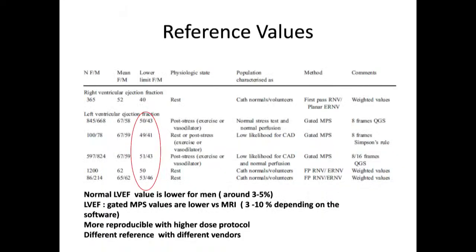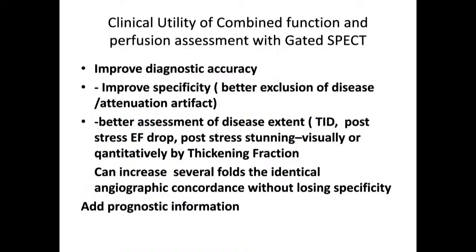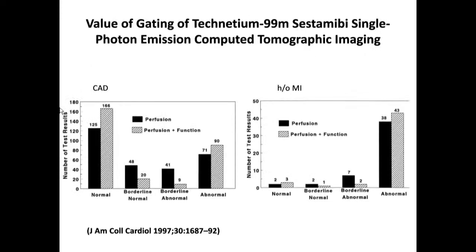Okay, the reference value: EF with nuclear SPECT imaging is lower than we usually see. 50% for a male is probably a normal EF. What is the clinical utility? Well, it helps us improve the diagnostic accuracy.